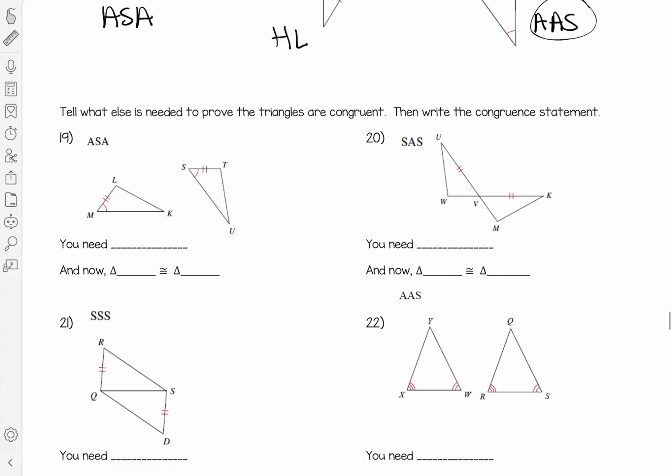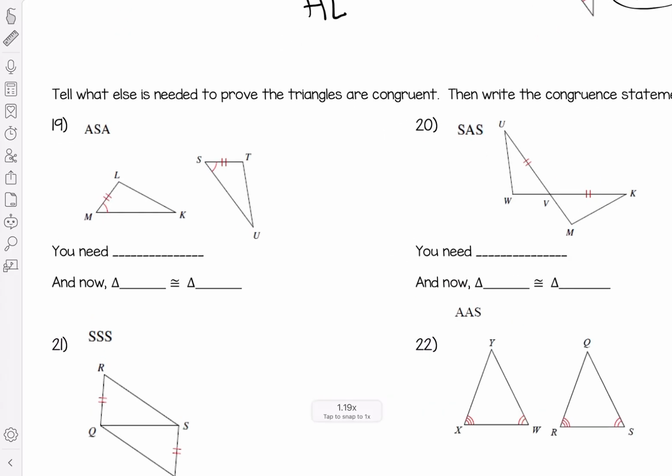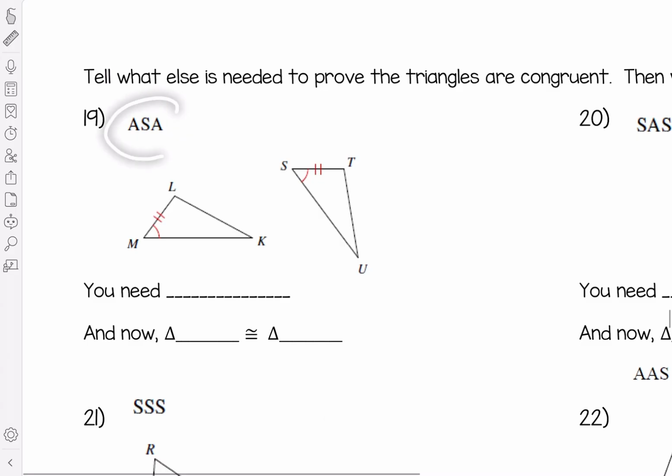Okay, so as we move on to 19 through 22, we are curious. If I want to prove that this guy, for example, with number 19, is an angle, side, angle congruency theorem, then I want to figure out what's the missing information that I need.